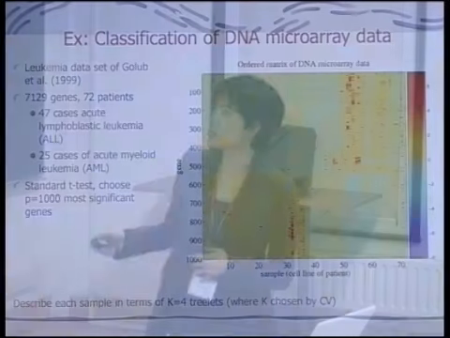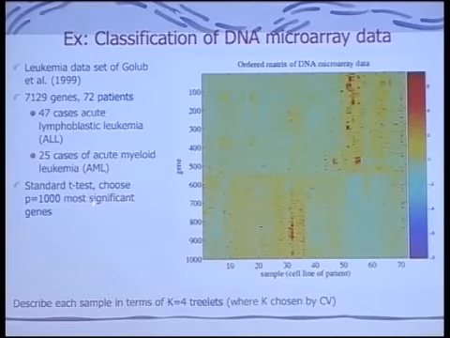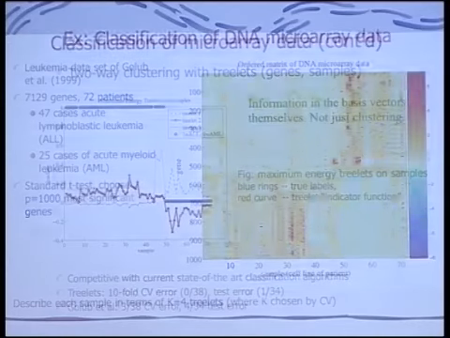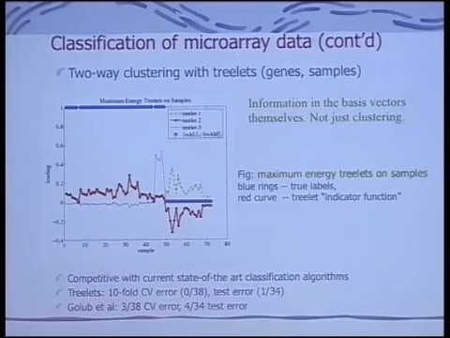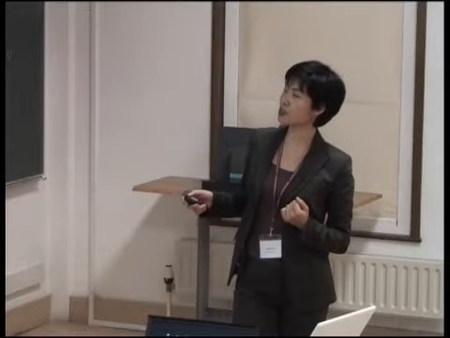So I forgot to say that the patients have one of 2 different leukemia types. And the picture here shows you the dominant, or the maximum energy, treelets on samples. So the blue dots are the correct classification labels of the samples.